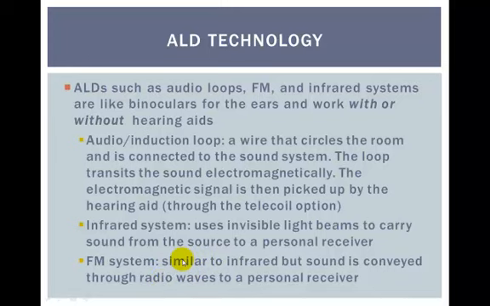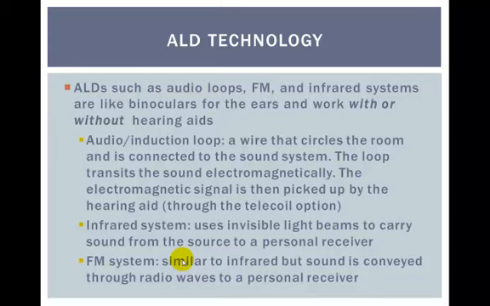The teacher wears the piece or the loop around their neck. Then through frequency modulation or radio waves, the teacher's voice goes directly from the teacher's mouth into the hearing impaired child's ears. Okay? And there can be different settings.